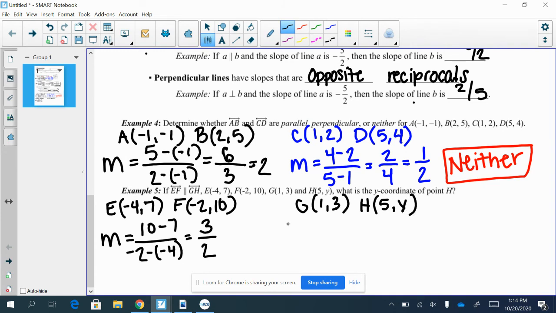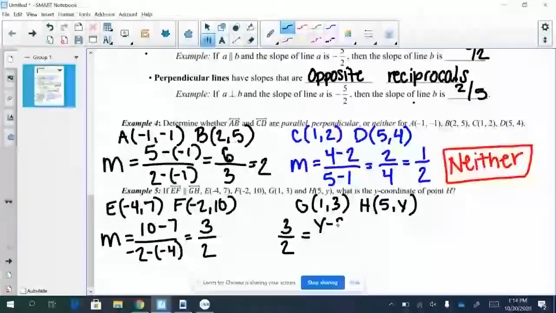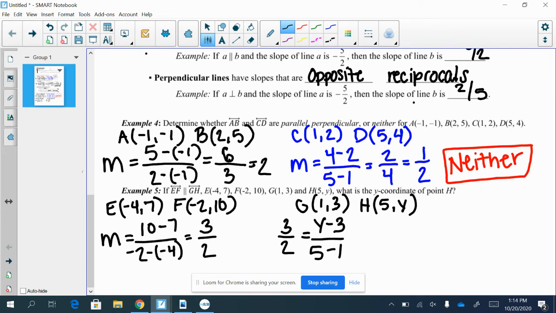We know the slope needs to be 3 over 2. And then calculate your slope. So y minus 3 all over 5 minus 1. Okay, so then we'll have 3 over 2 is equal to y minus 3 all over 4.